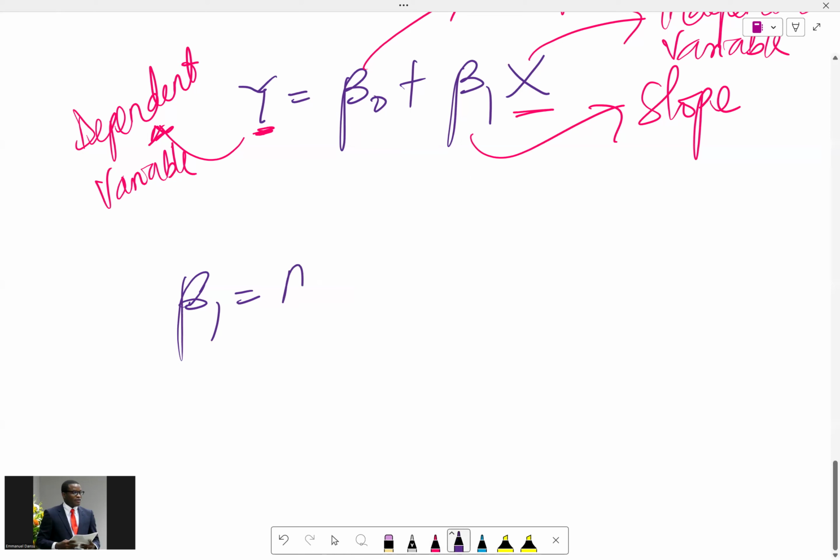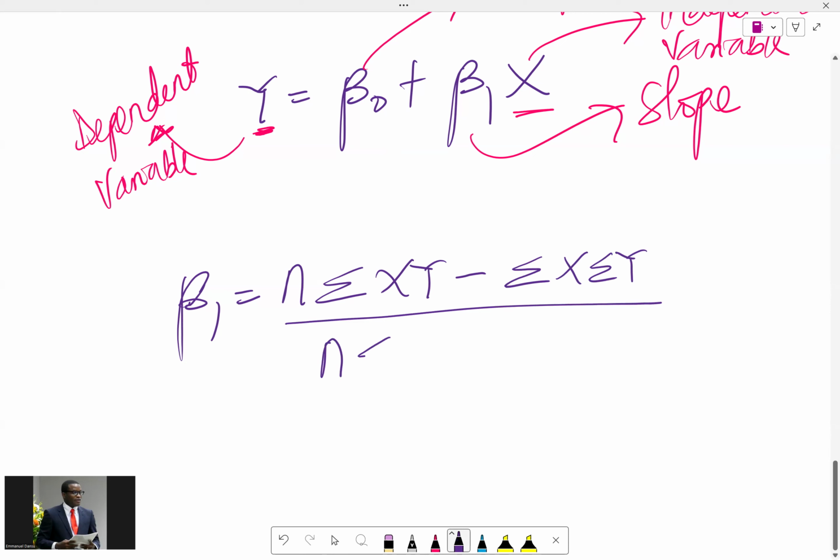To get beta one, that's n summation xy minus summation x, summation y, divided by n summation x squared minus summation x all squared. It's looking a bit like how to get the Pearson correlation coefficient, but there's a bit of difference in the denominator. In the correlation coefficient, you had to take the square root of this multiplied by n summation y squared minus summation y all squared. That's the only difference.